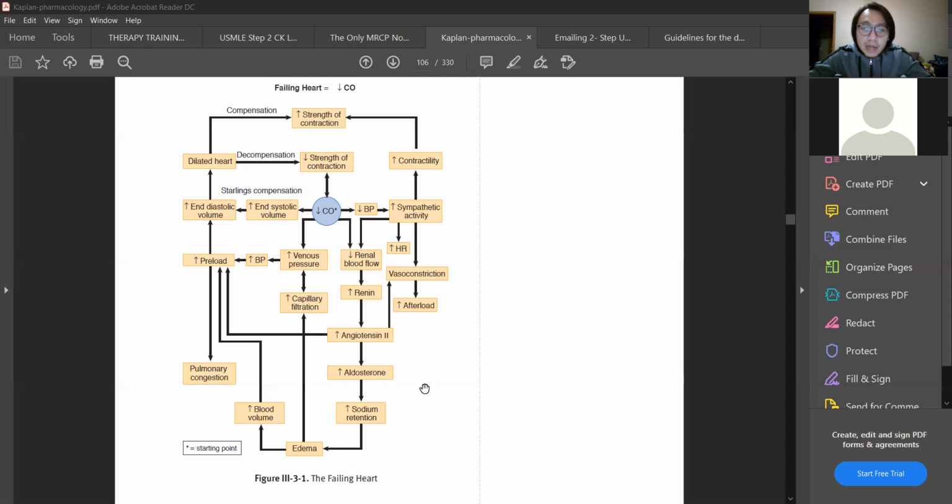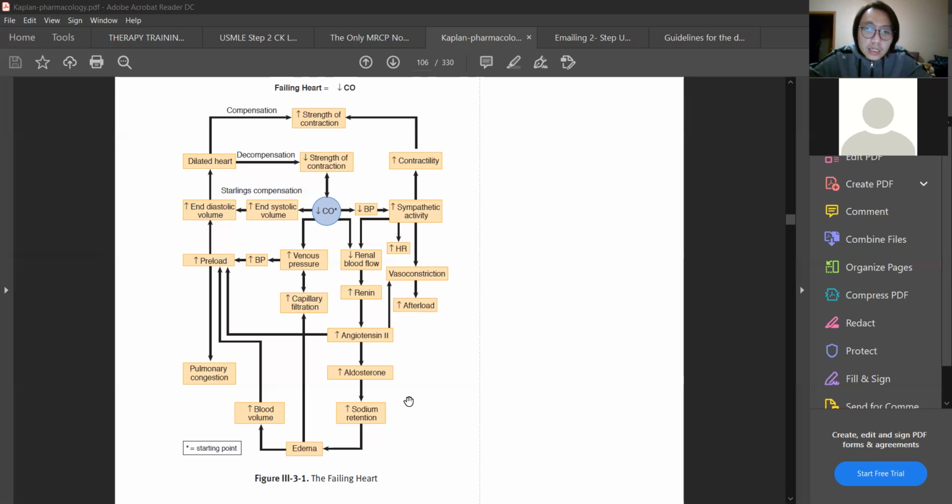Remember this, hypernatremia from the renin-angiotensin-aldosterone system, okay? And also there is retention of water, sodium, and also water retention. That's the plasma effect.